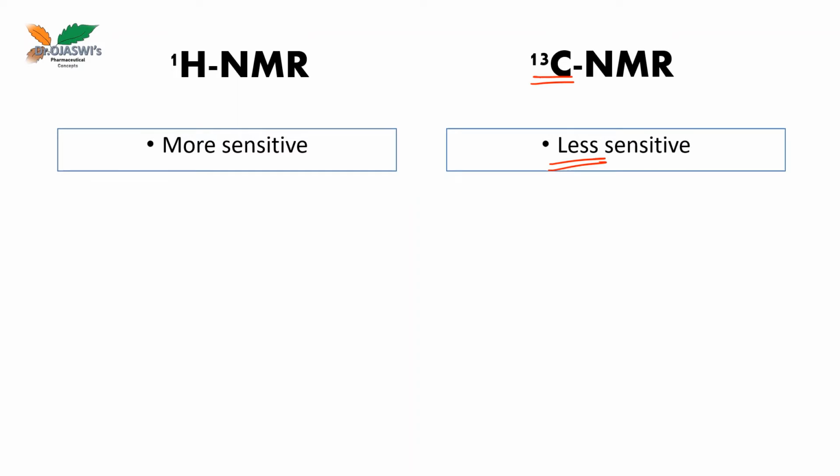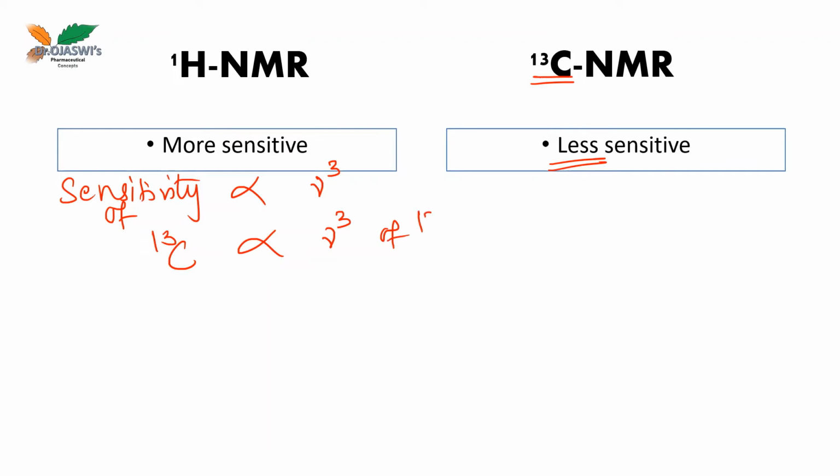Why? Because the sensitivity of the method is directly proportional to the cube of the magnetogyric ratio. So the sensitivity of 13C is directly proportional to the cube of the magnetogyric ratio of 13C.